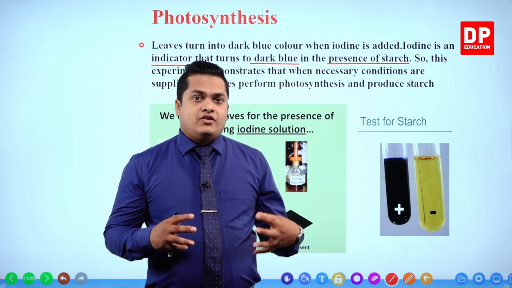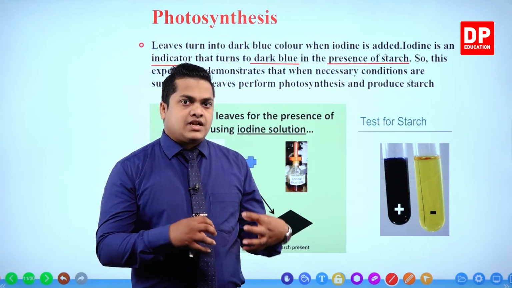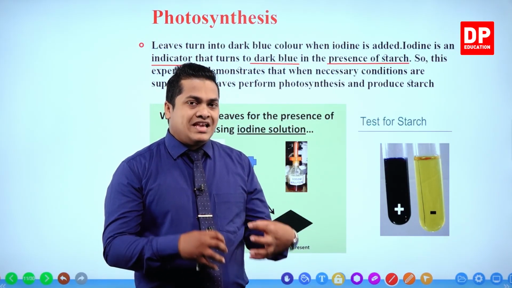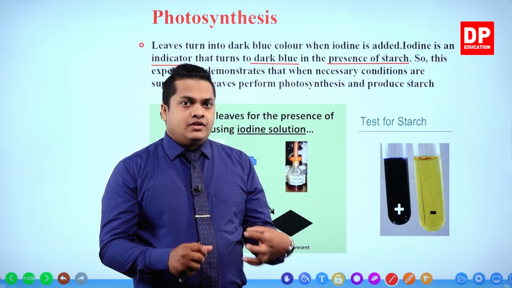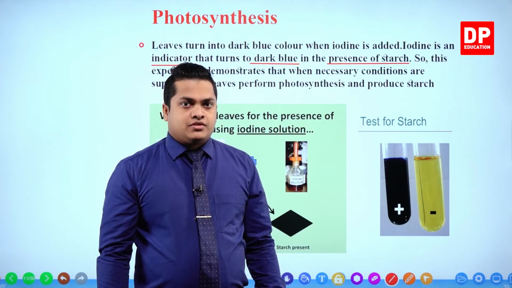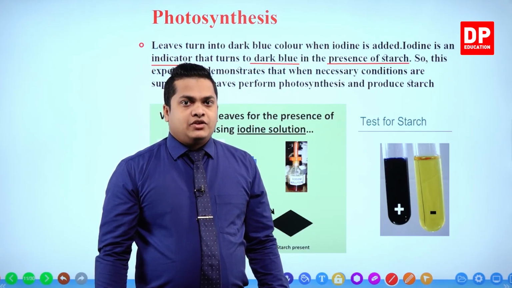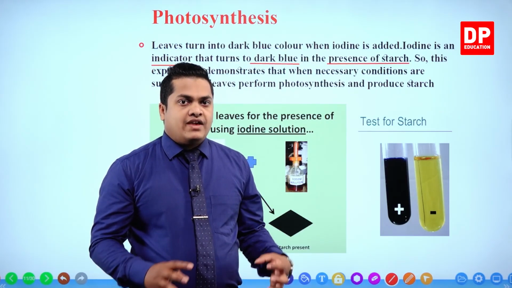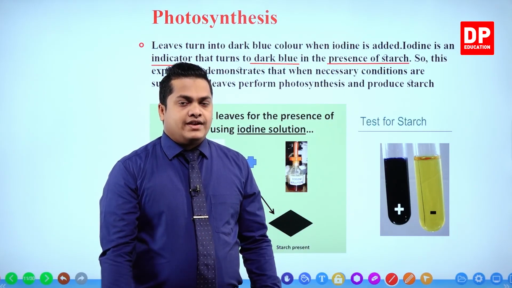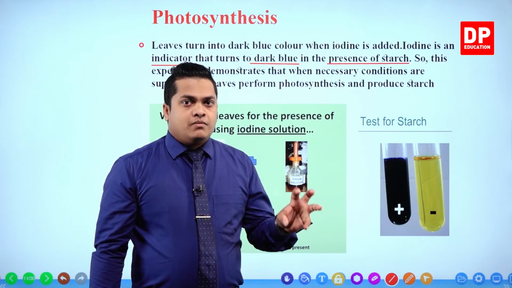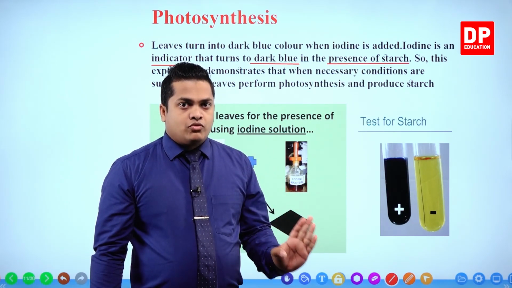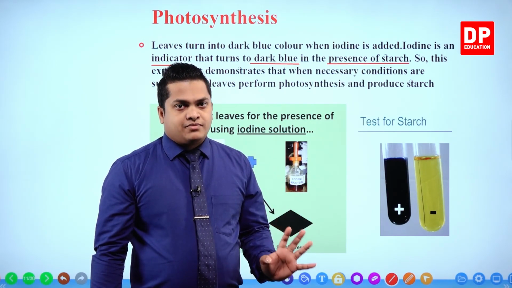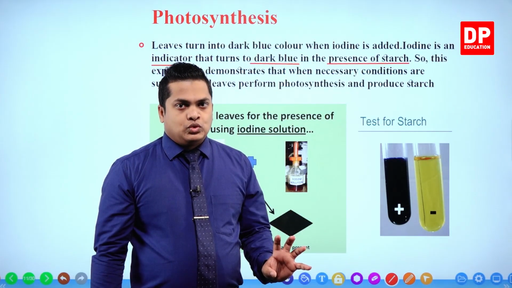So this is the way of preparing a plant leaf for the starch test, my dear children, and how to test that plant leaf for starch. The indicator that we use is iodine. Upon having starch, the color of iodine changes from brownish yellow into blackish blue or dark blue, right?